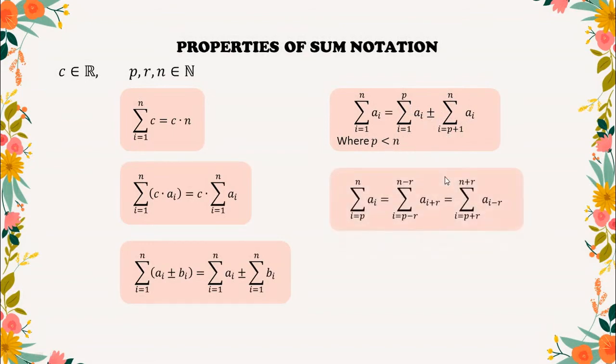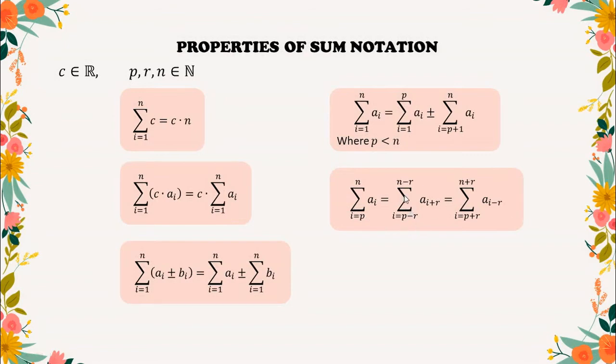The number 4 is the same kind of property, like I said before: the starting point is not only 1, everyone. The starting point can be wherever they want, right? But in here, let's say i equals p. Let's say p is 100 until the end, a_i.